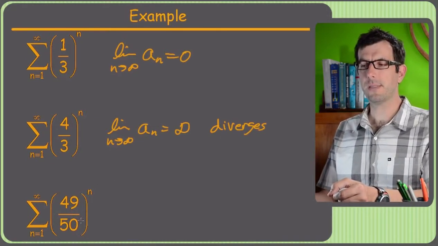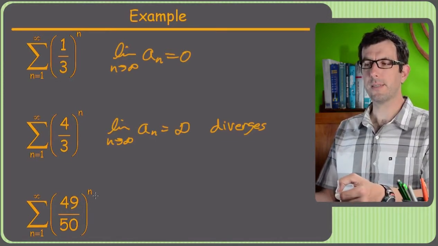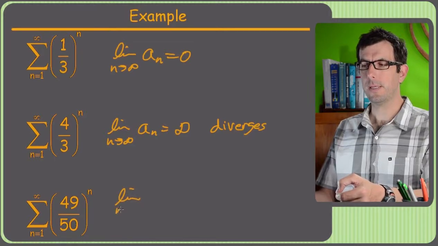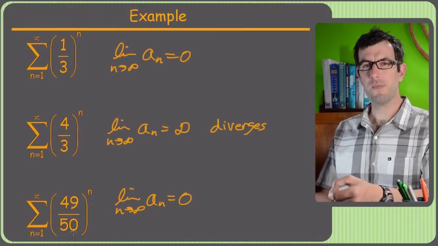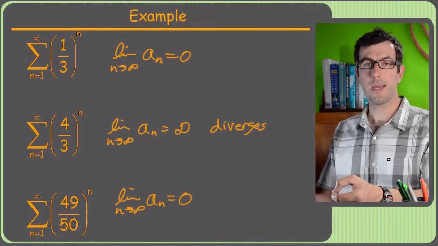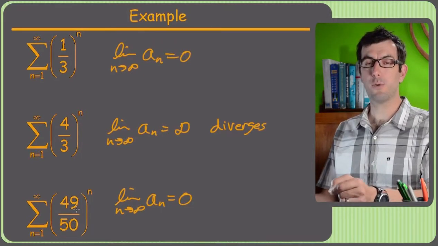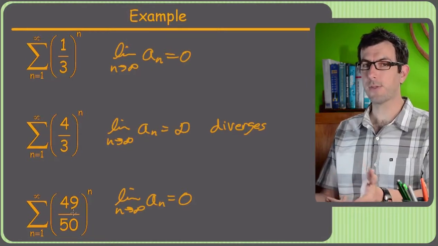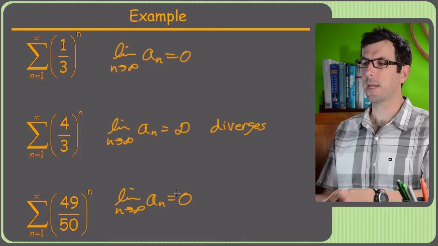And then 49/50ths, because it's a fraction less than 1, that means the ratio is less than 1, so the limit as n approaches infinity is going to actually be 0. Because even though 49/50ths is like 0.98, so it's pretty close to 1, if you raise 0.98 to a really big exponent, like 1,000 on your calculator, you'll see that it's a pretty tiny number, and it keeps on getting tinier.